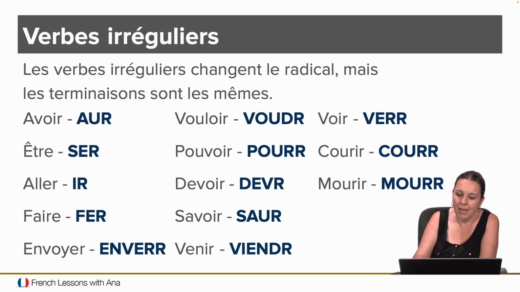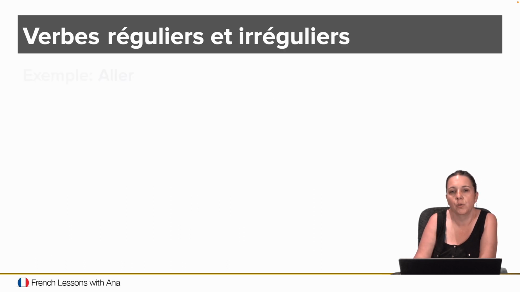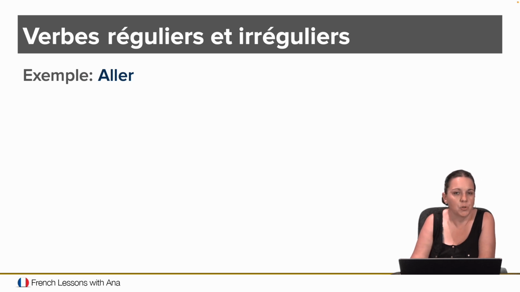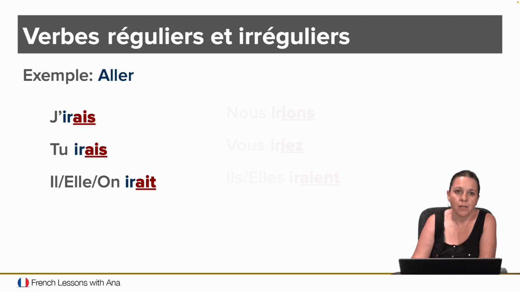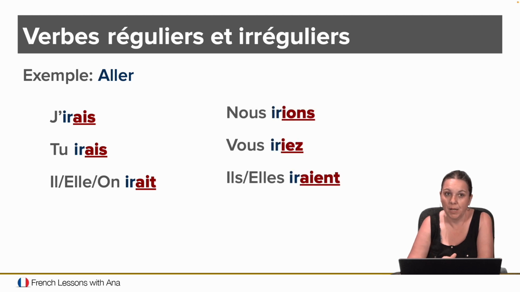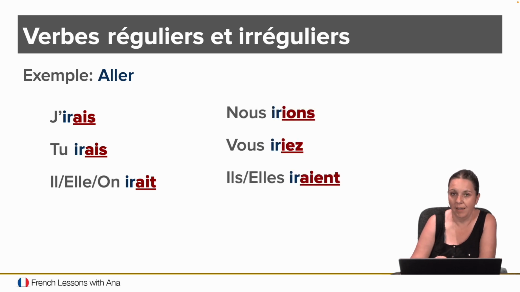All right? Now, I chose one of them so that I can show you what it changes into, and it was the verb aller, which means to go, right? And if you remember, aller, the infinitive, becomes er, it changes to ir. The endings, however, stay the same. So here you go. J'irais, I would go, okay? Tu irais, you would go.